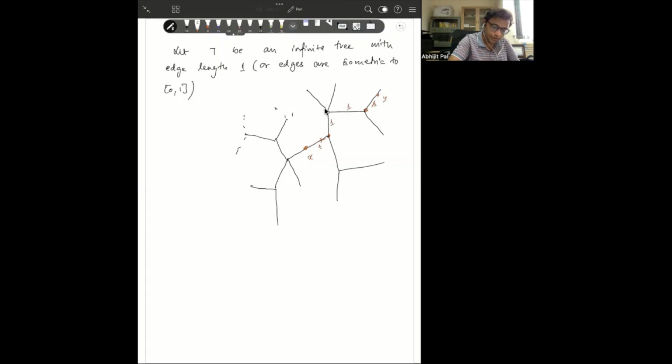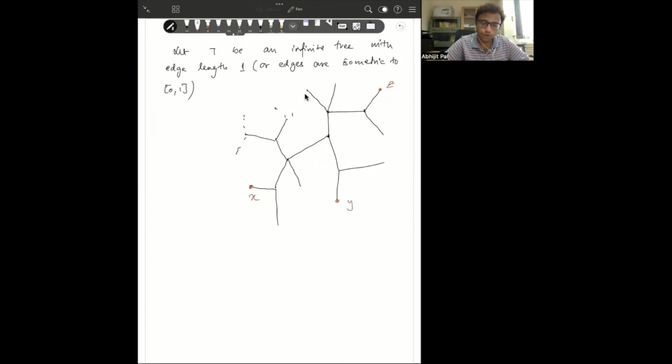So are all the triangles slim here? That is the question. What do you think? If I take a triangle, how does it look? Let us take this to be my x, this my y, and this point my z.